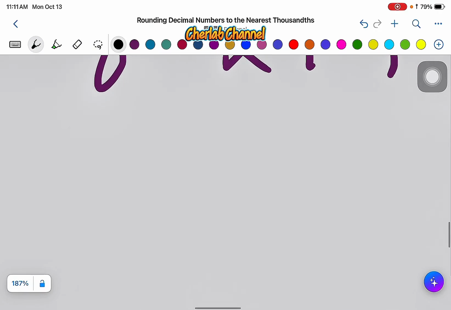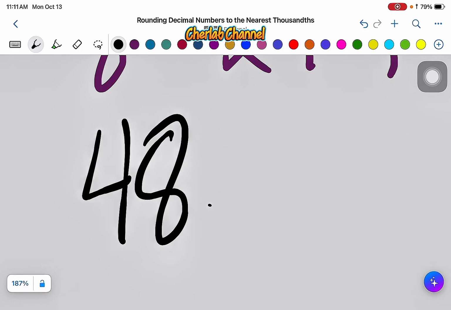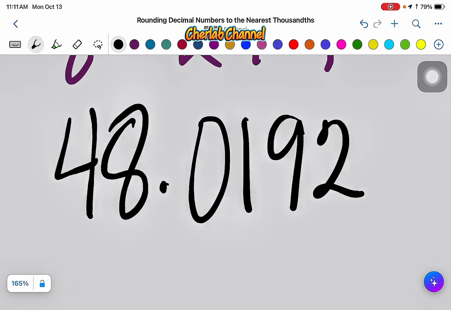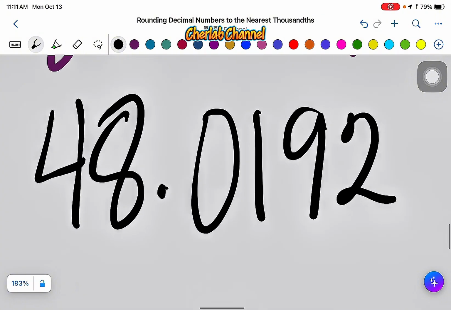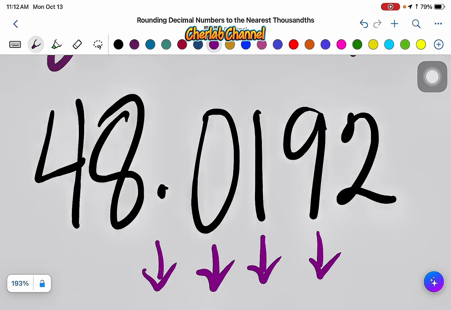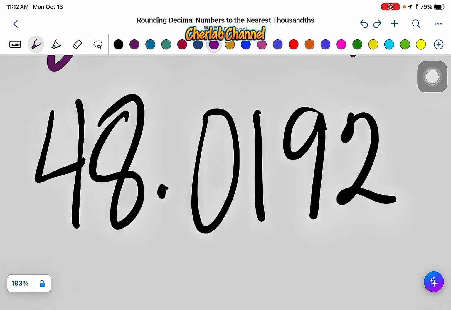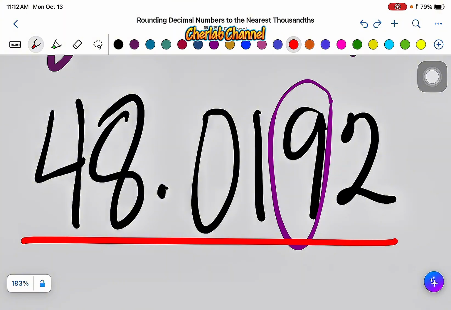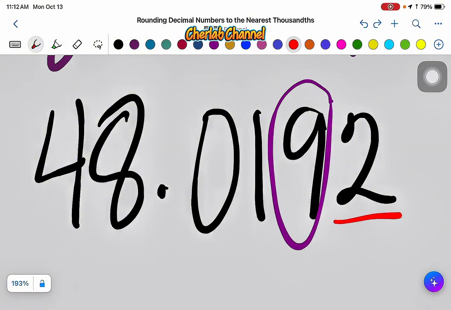Another example, we have 48.0192. If we will round this to the nearest thousandths, we have to identify first what number is in the thousandths place. Tenths, hundredths, thousandths. So meaning, ang ating gagalawin or papansinin ay si 9. Sa kanya tayo magpo-focus. Sinong magsasabi kung anong mangyayari sa kanya? Yung kanyang kapitbahay sa kanan, which is the number 2.